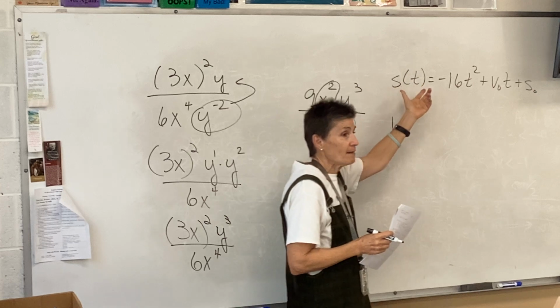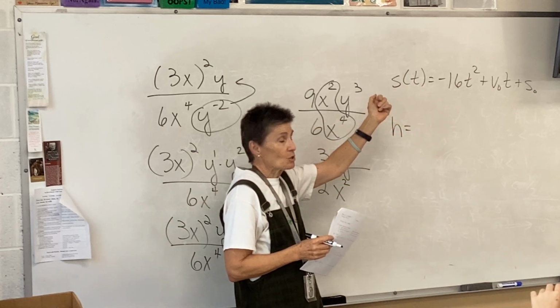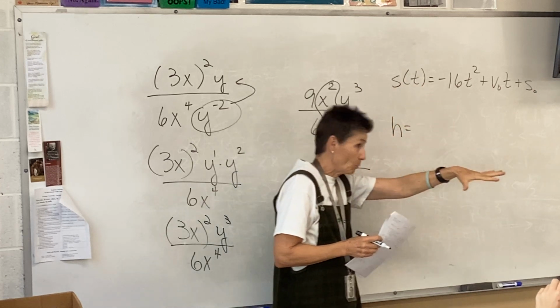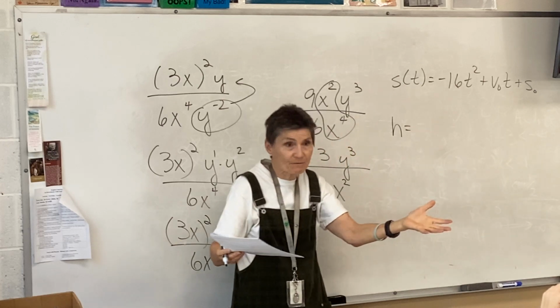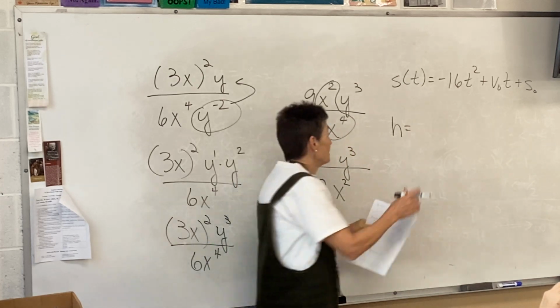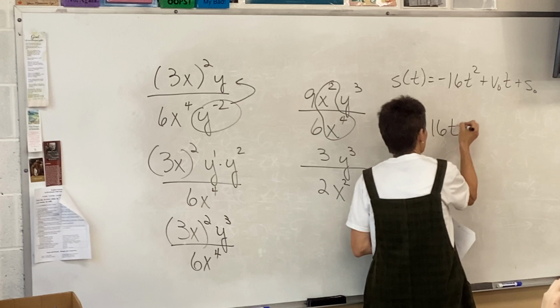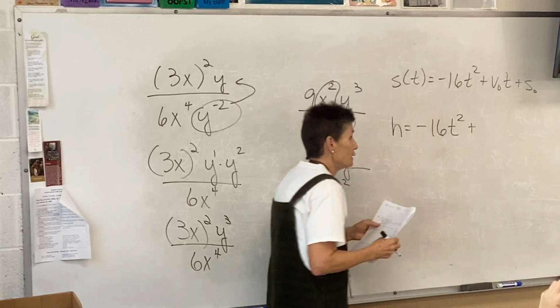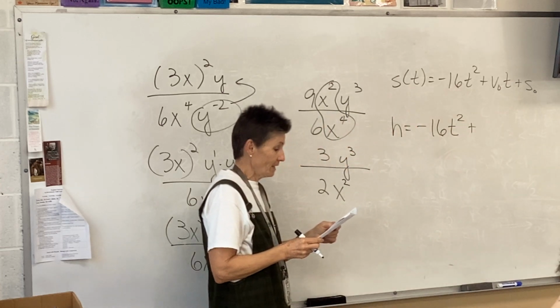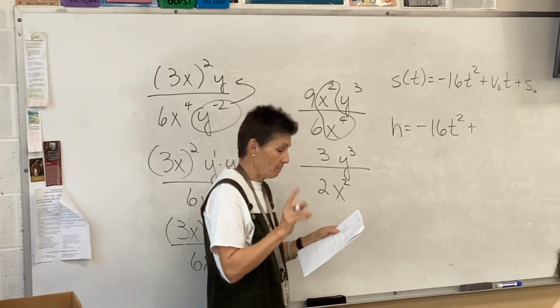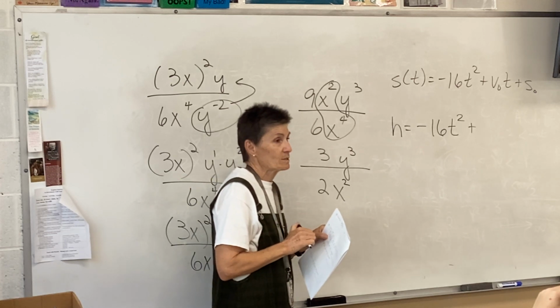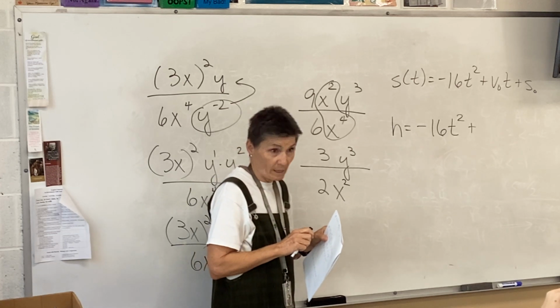S of T is the height. So I call it H, you could call it Y, or you could leave it S of T, it doesn't matter. Then you're going to have negative 16t squared. Now, do we have an initial velocity in the problem? What's our initial velocity? 20?